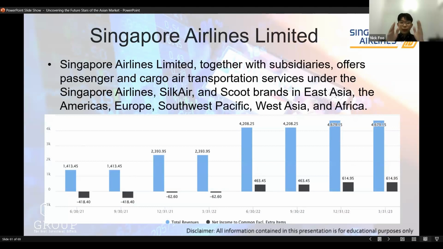I think you guys know that there are a lot of airlines, not talking about Malaysia, maybe other countries, where most airlines are loss-making companies. Unlike Singapore Airlines, it managed to turn around. And currently it is undergoing 4 consecutive quarters of net profits.